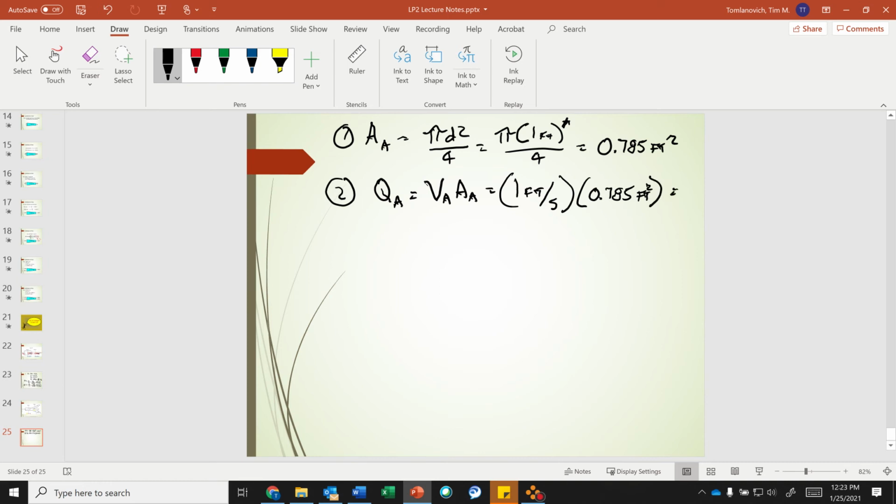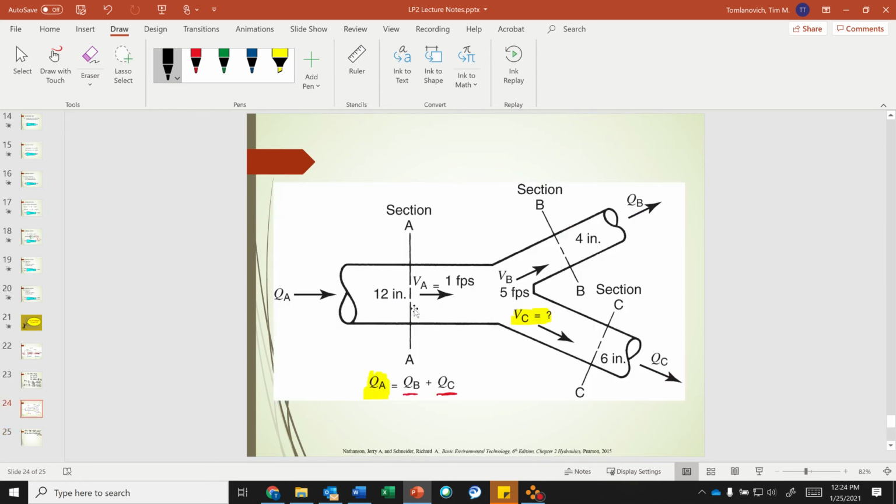That equals 0.785 cubic feet per second. So now we know QA equals 0.785 cubic feet per second.